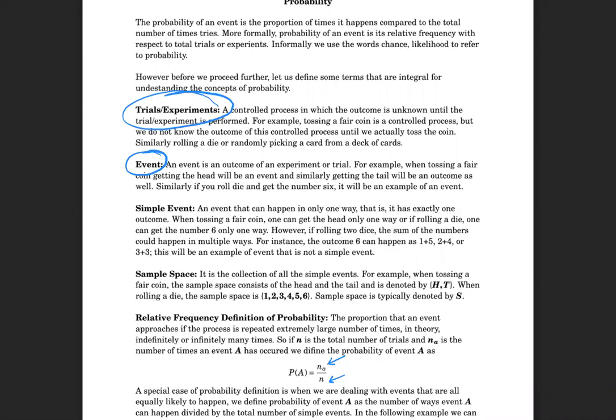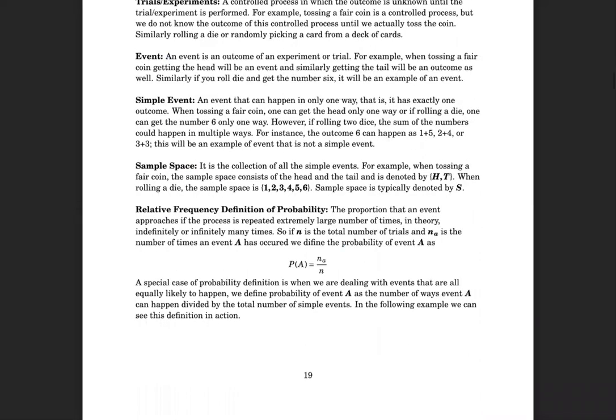So the number of times the event has happened, which is n sub a, divided by the number of trials or experiments, which is n. So that's the frequency or relative frequency definition of probability. Now that this is clear, let's go ahead and talk about some other definitions.